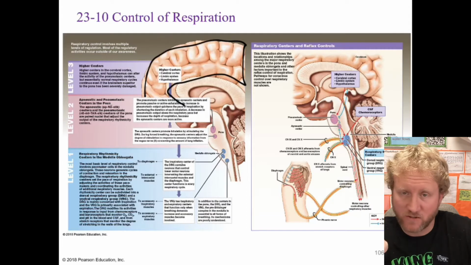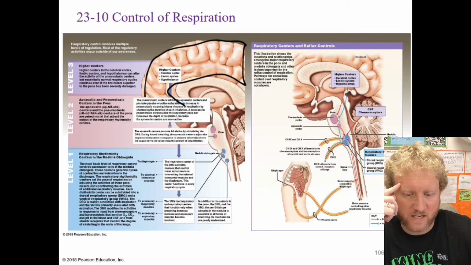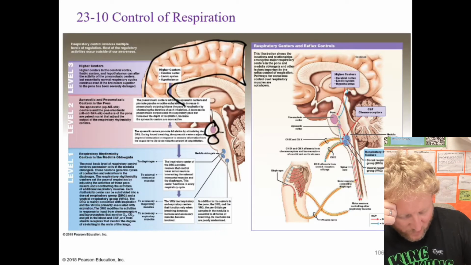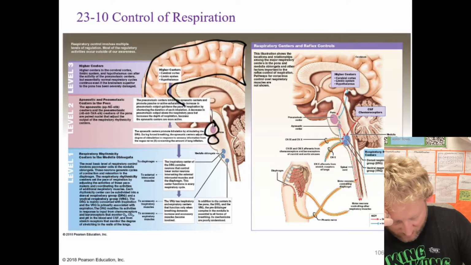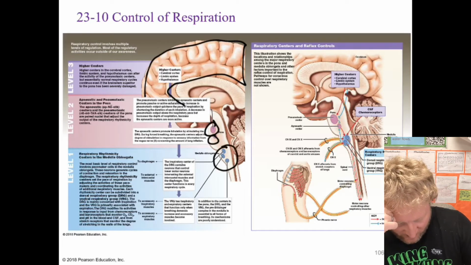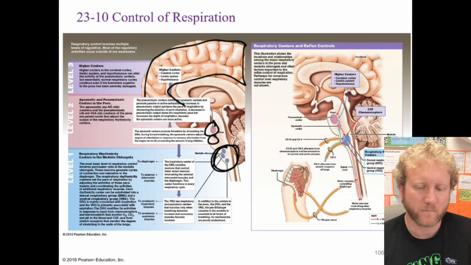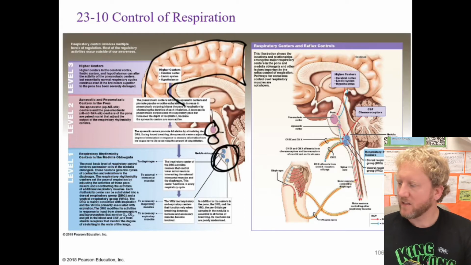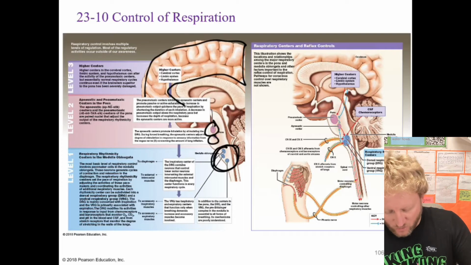And these voluntary centers are going to control the respiratory centers in the pons, with the apneustic and pneumotaxic centers, and the medulla oblongata, which is down here, which has some of the most basic respiratory control centers. And they're also going to control the motor neurons that are responsible for controlling the muscles responsible for respiration.